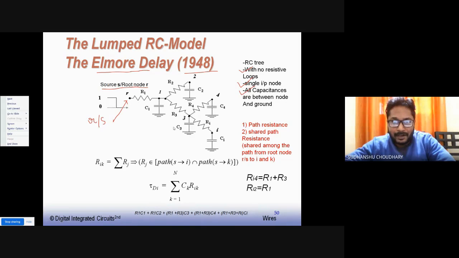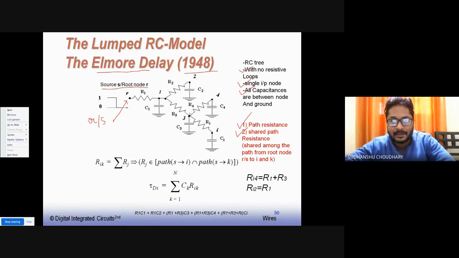Now for the Elmore delay model, one has to calculate the path resistance and the shared path resistance. So what is path resistance? Let us say that one wants to calculate the delay from this root node to node number 4. So the path resistance in this case would be R1 plus R3 plus R4.